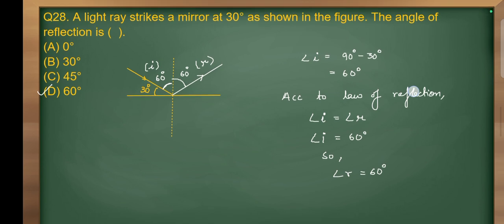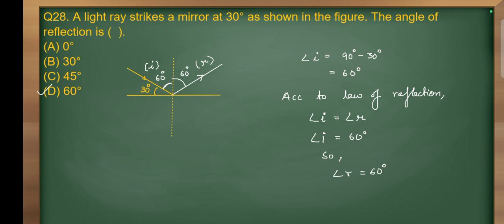A light ray strikes a mirror at 30 degree as shown in the figure. The angle of reflection is. Since here the angle is given as 30 degree with respect to the horizontal, we know that the angle of incidence is always calculated between the normal and the incident ray.